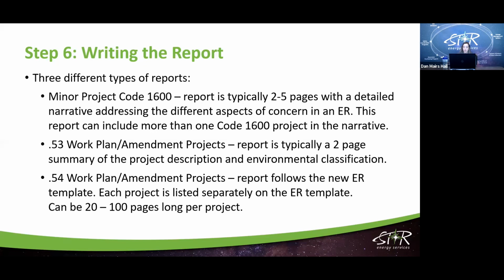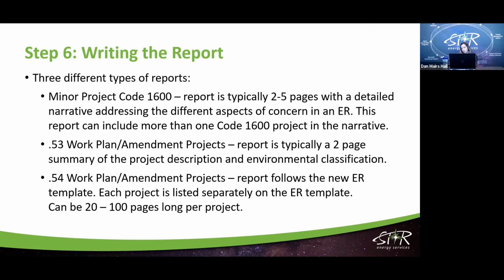Minor project code 1600 work orders. The report is typically 2 to 5 pages with a detailed narrative addressing the different aspects of concern in an ER. This report can include more than one code 1600 in the narrative. A 1600 ER would be done for work orders falling under $100,000.